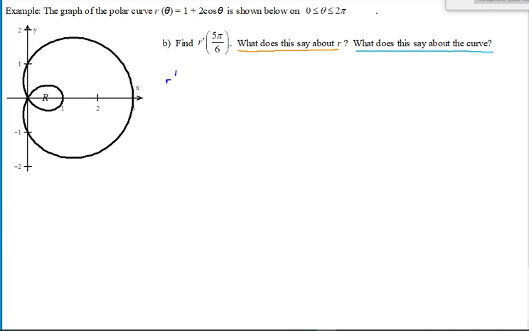So, r prime of theta, first I have to find the derivative before we can substitute in 5 pi over 6. Derivative of a constant 1 is 0. And the derivative of cosine, let's use coefficients, theta, is negative sine, so that becomes -2 sine theta. And then we can substitute in our specific angle 5 pi over 6.